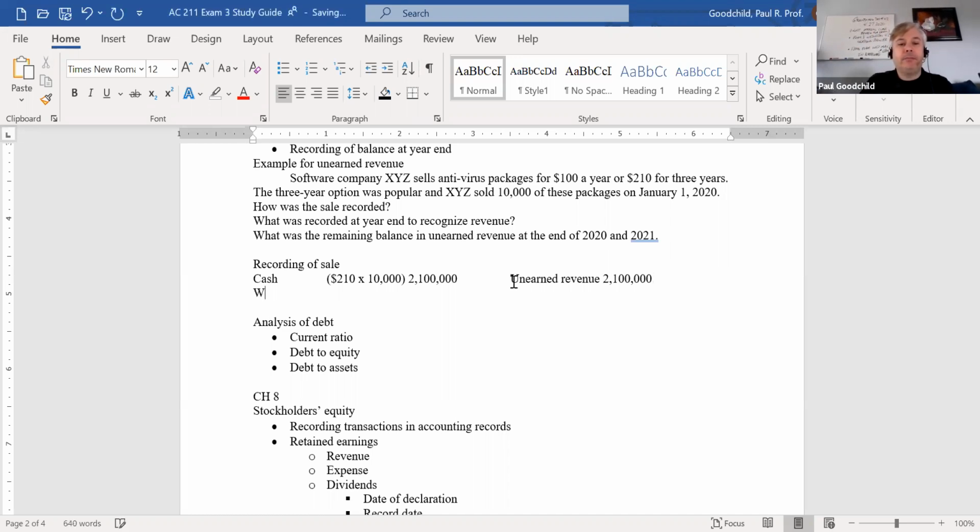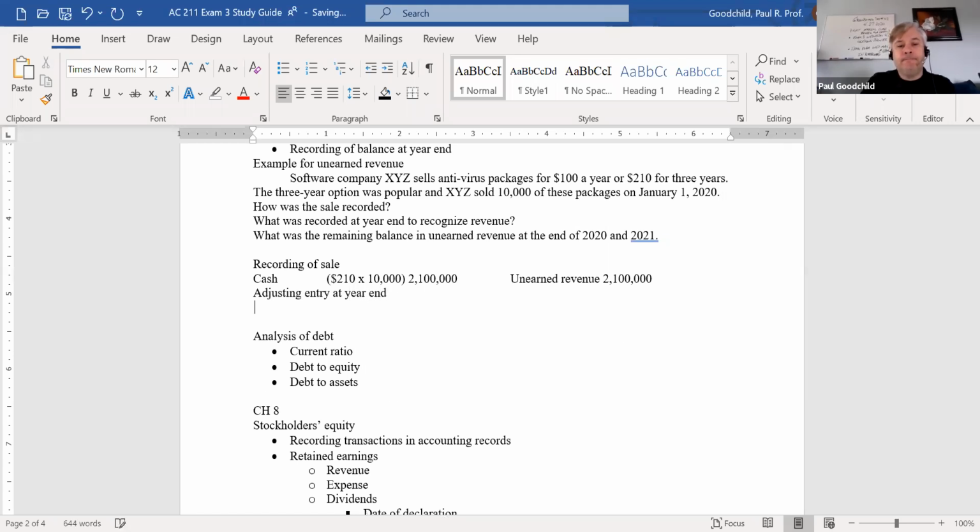Now, the adjusting entry at year end would be unearned revenue. And so we'd have a 3-year contract. And so we have a third of it that would be recognized.